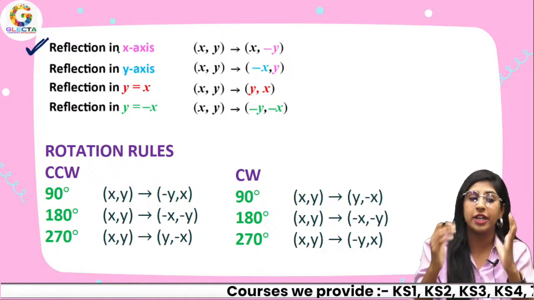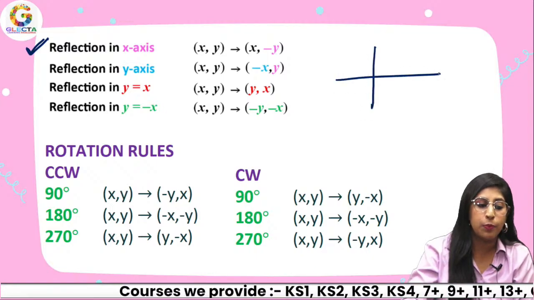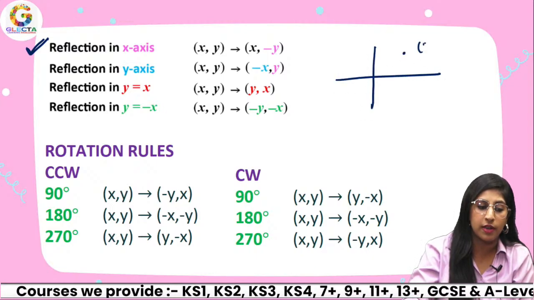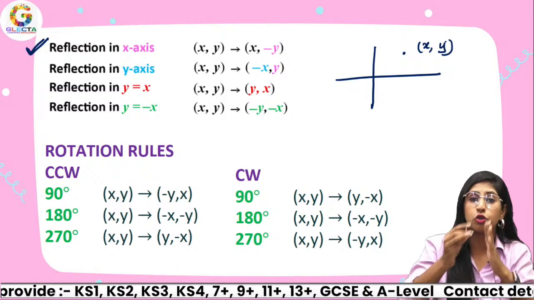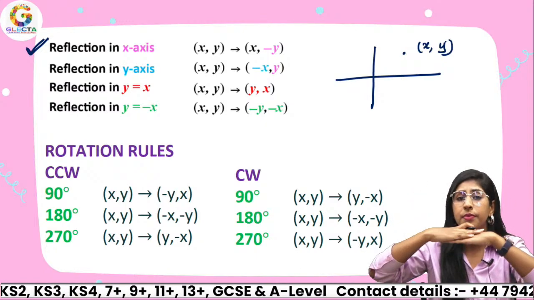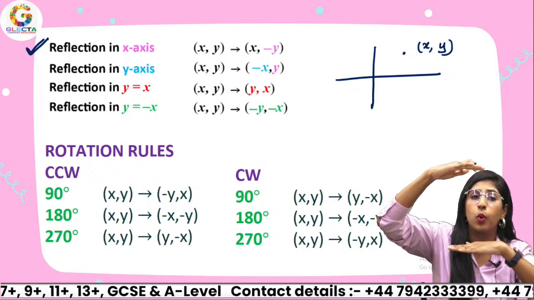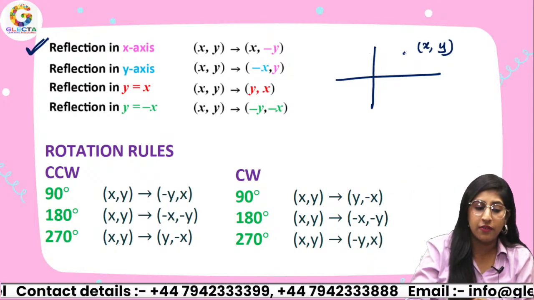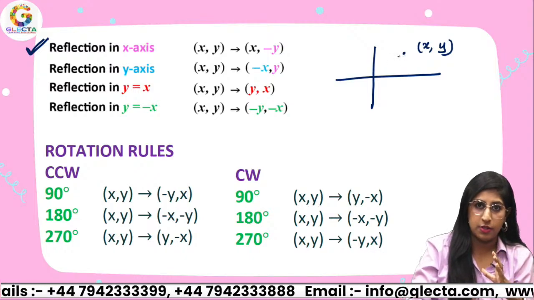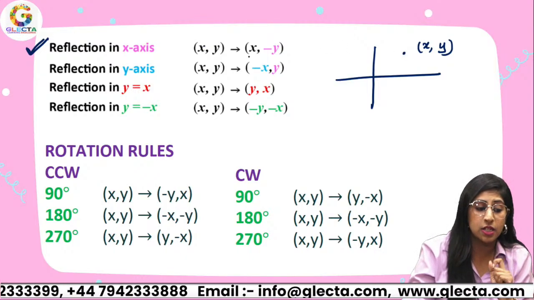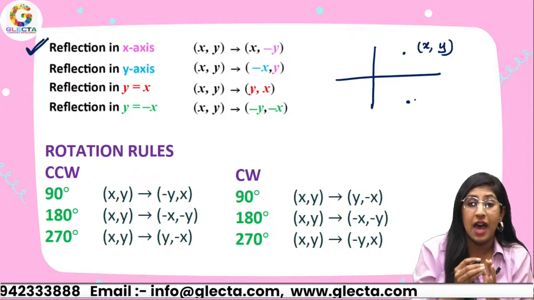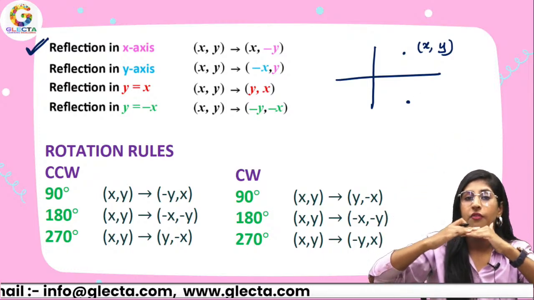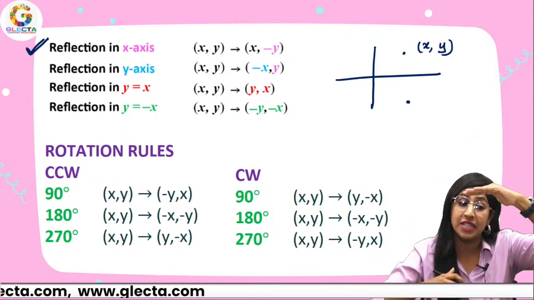Just remember that whenever you are reflecting any point, on my coordinate geometry, I have any point of the form x comma y, right? X denotes the horizontal distance and y denotes the vertical distance, right? So when I am reflecting it along the x-axis, I need to see the vertical distance. Y upwards, that means y downwards.